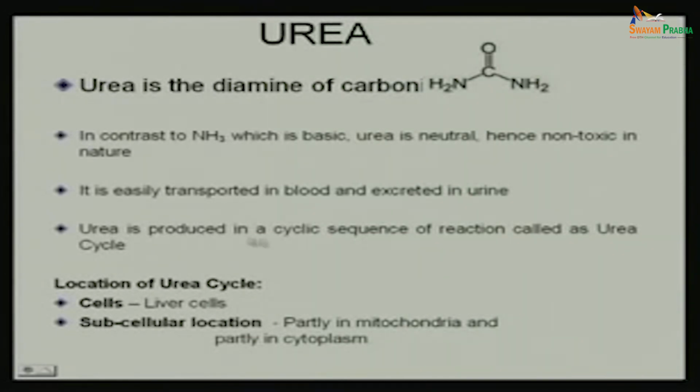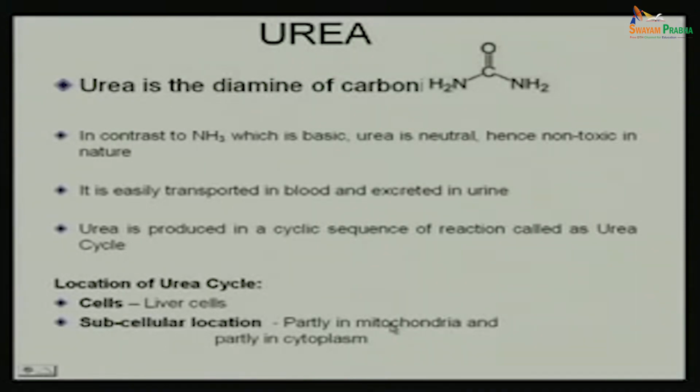Urea is produced in a sequence of reactions called the urea cycle. If we see the location of the urea cycle, it is in the liver cell, and at the subcellular level it takes place partly in the mitochondria and partly in the cytoplasmic fluid of the cell.